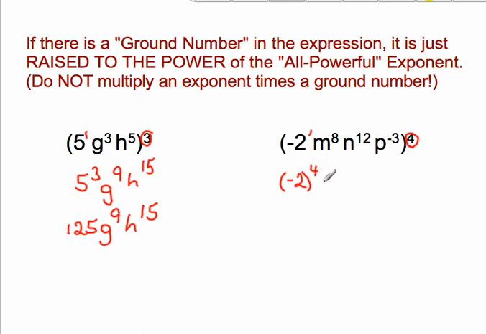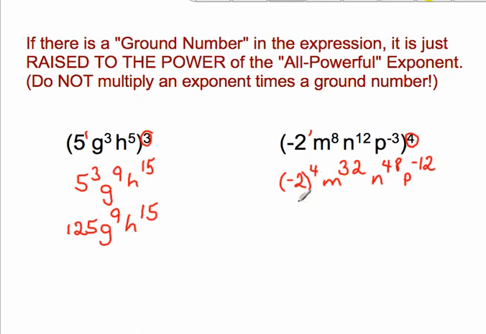So negative 2 to the 4th, m to the 32nd when we multiply 8 times 4, 12 times 4 gives us n to the 48th, and our p-value is going to be to the negative 12th.